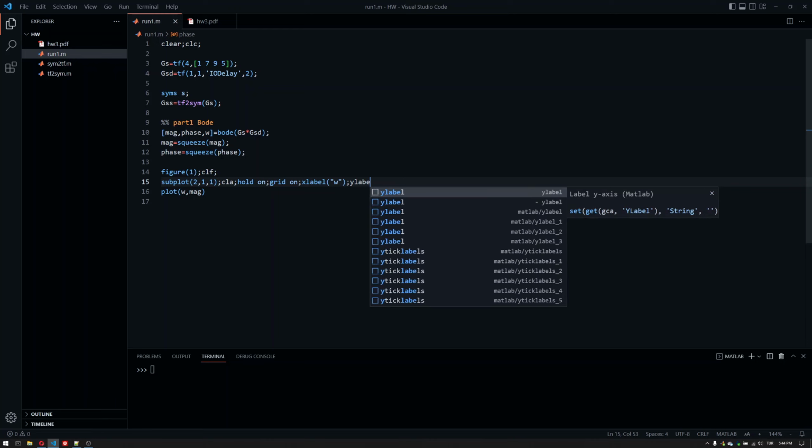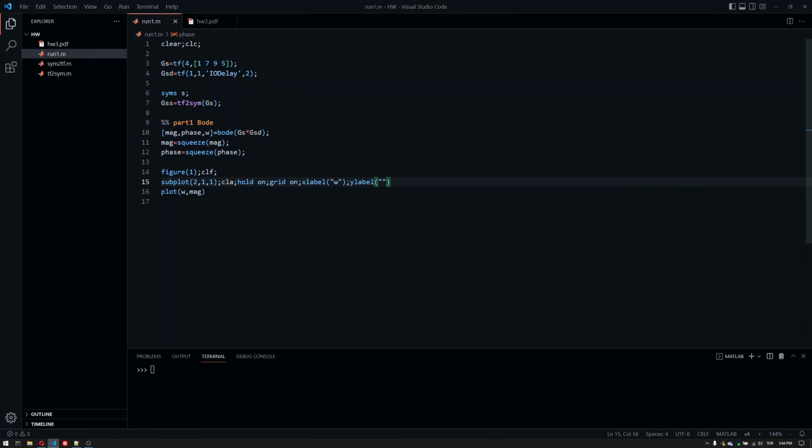And Y label would be the magnitude of g omega. We also need to set the x scale to log, so that we have a logarithmic plot here. And ax1, GCA, so plot ax1, line width of 2, maybe a blue color.